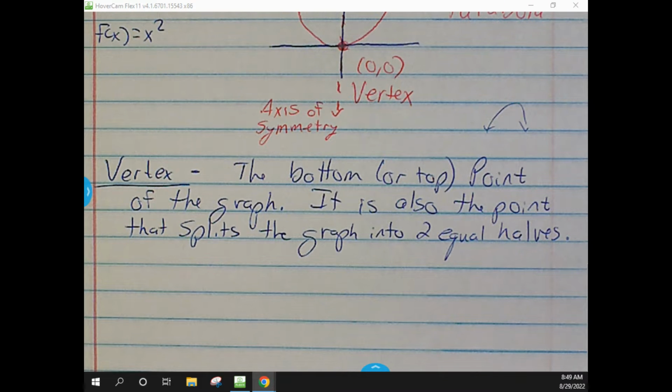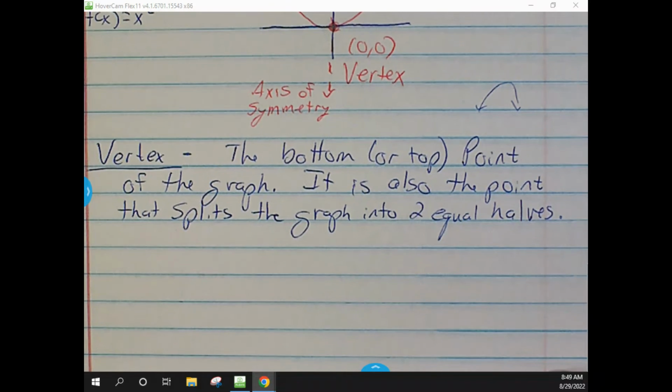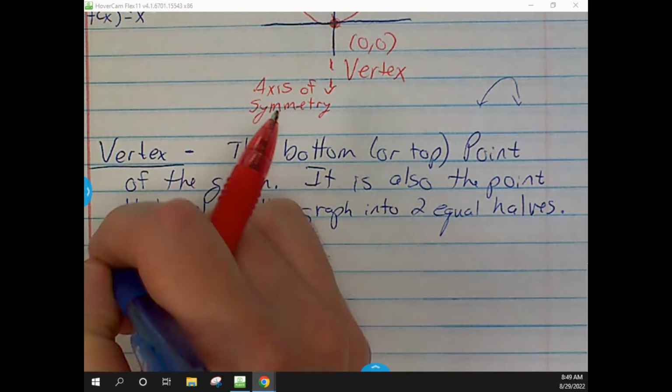That's our next definition that we've got to put on for this part. So vertex, that's the most important point. And again, here's our definition for the axis of symmetry.